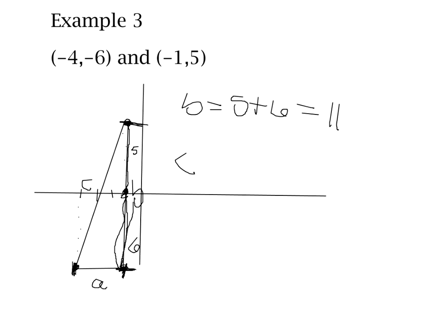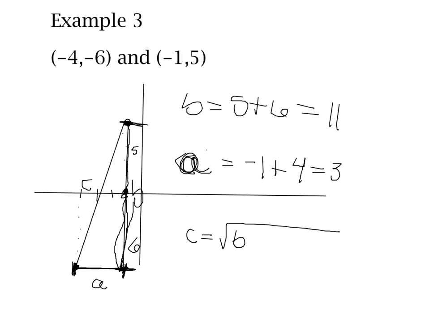Now C goes from -4 over to -1. Oh, not C, A. A goes from -1 to -4. So I'm going to do -1 plus 4, because it's minus a minus. And that gives me a distance of 3.